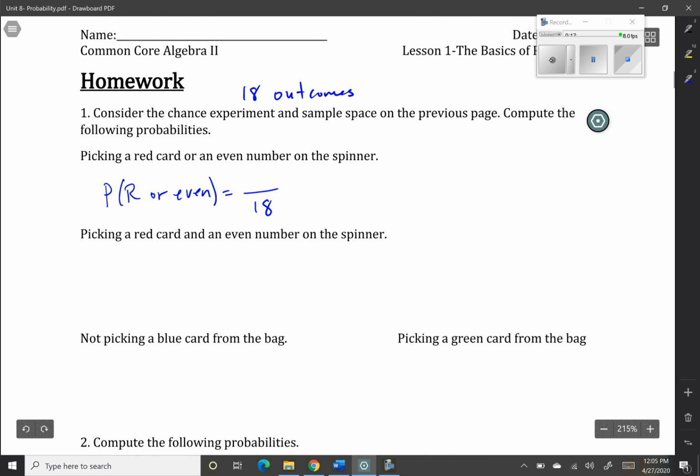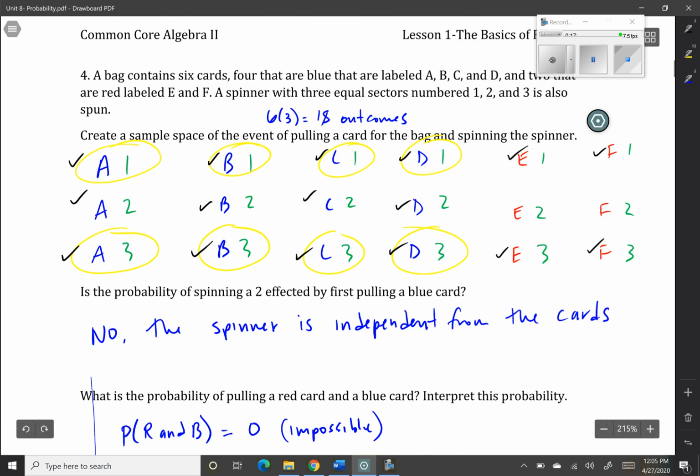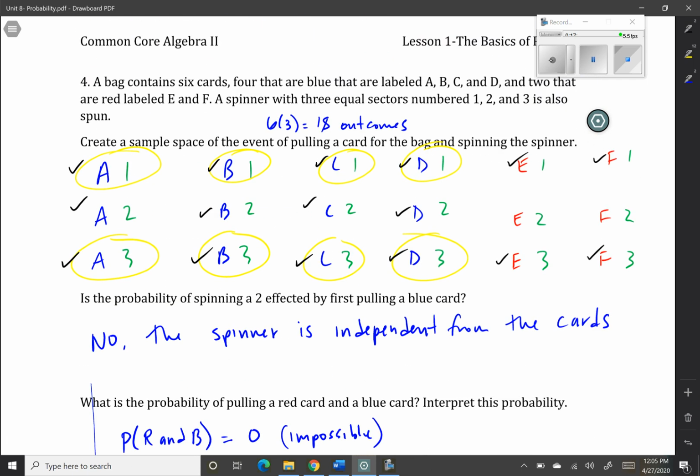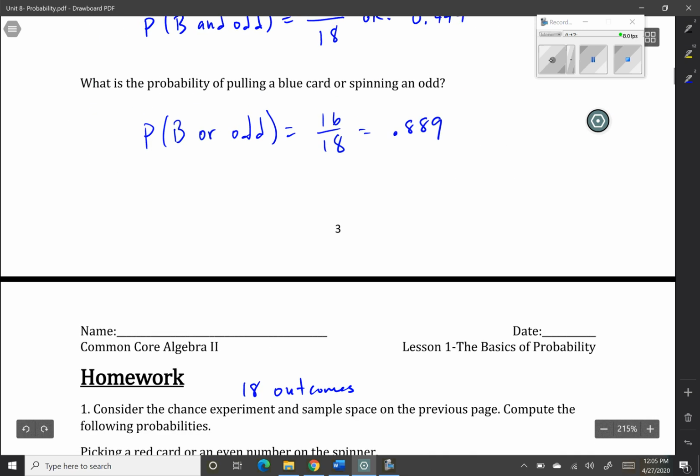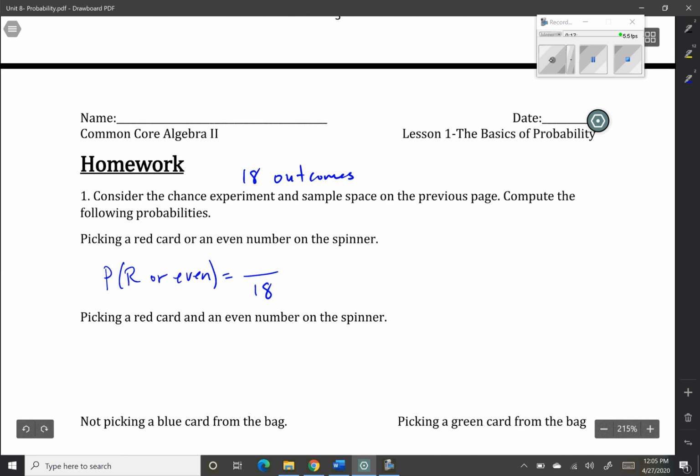Looking back here for a minute, we know there are 6 red outcomes, and then there are 1, 2, 3, 4 more that are even spinners that have blue outcomes. So in total, there are 10 outcomes that satisfy that. So 10 out of 18. If you show that as a decimal, that's going to be 0.556.